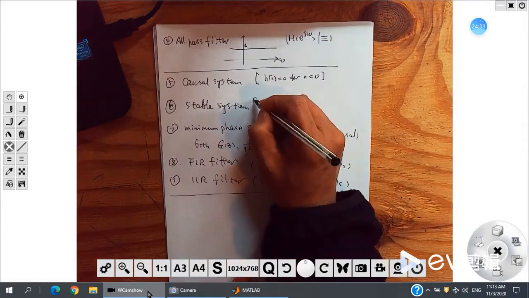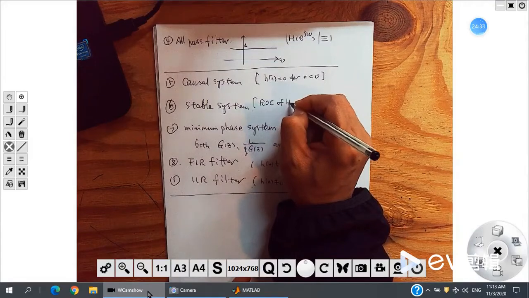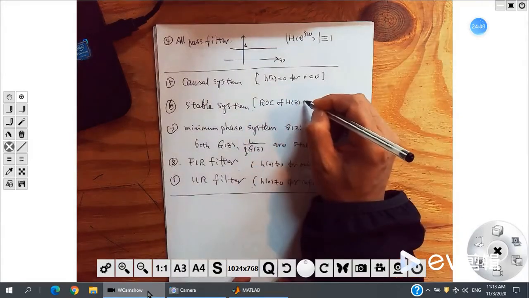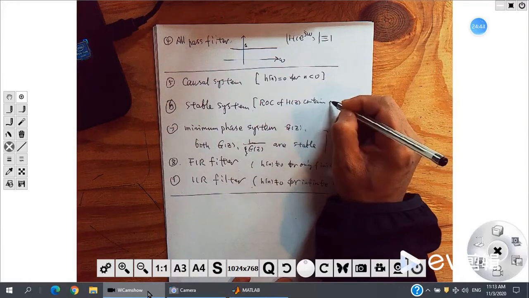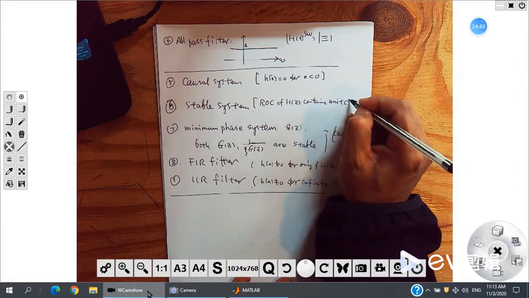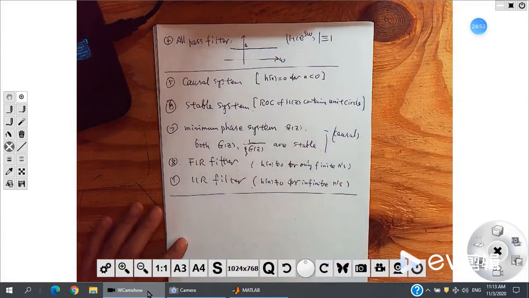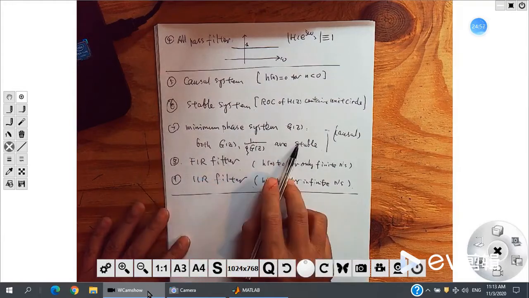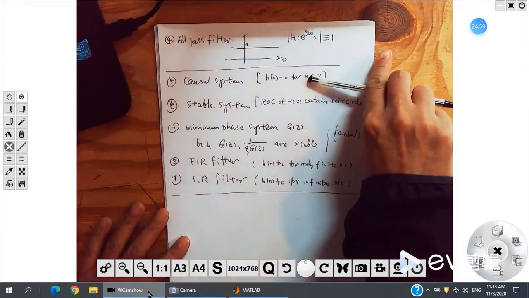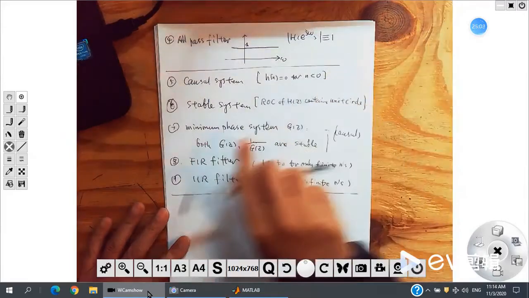And for a stable system, the ROC of H of z contains the unit circle, right? So this is a stable system. And for the last one, we want both sides stable and causal, so you need to use these, and this again for 1 over H.